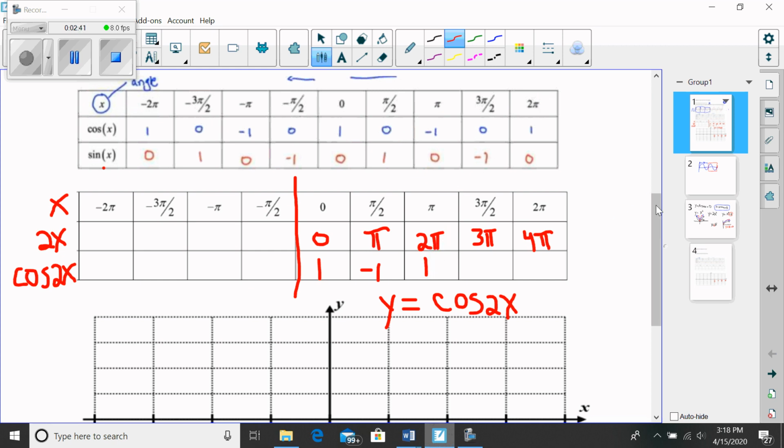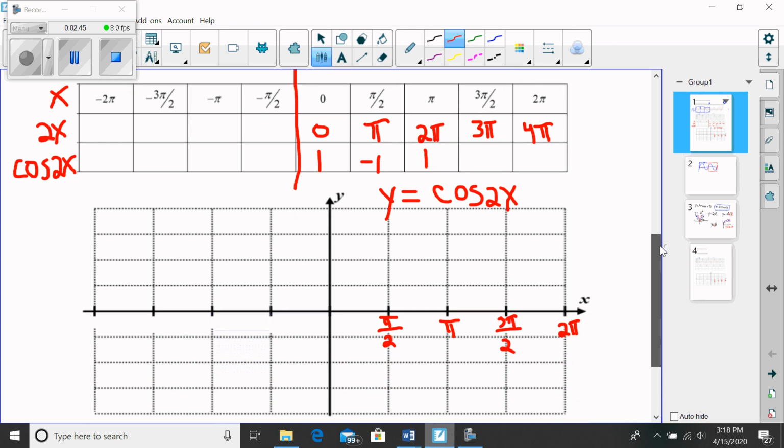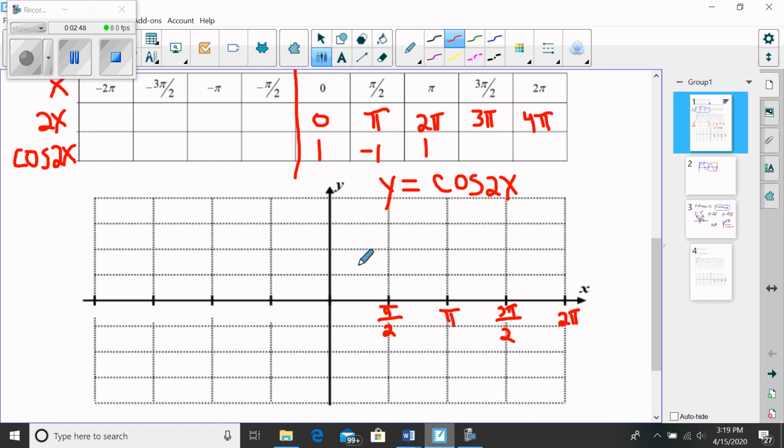And so remember what we said about a full cycle of cosine, right? A full cycle of cosine is when cosine goes from 1 back to 1. All right, so what we should be able to see here is that we get a full cycle of cosine in half the time, right?